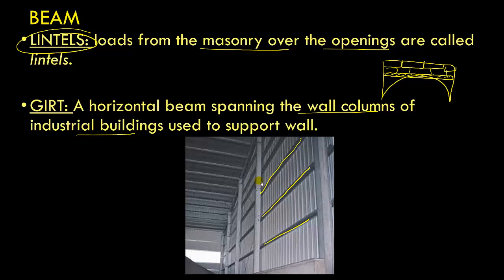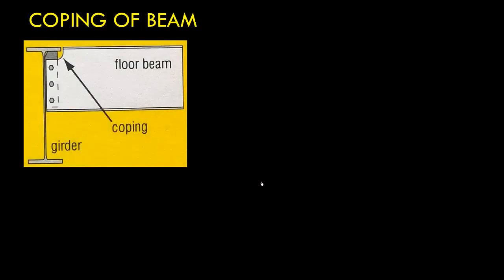Then we can see what the coping phenomenon is for a beam. This means how the different beams are joined and what kind of action I have to take so that the floor remains on the same level. So let's see this. For example, let's say I have a girder and I have to connect this girder with a floor beam.